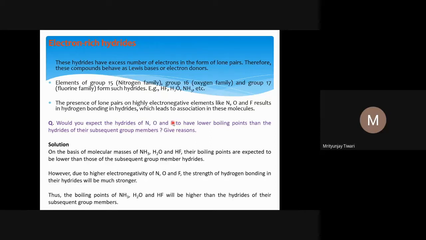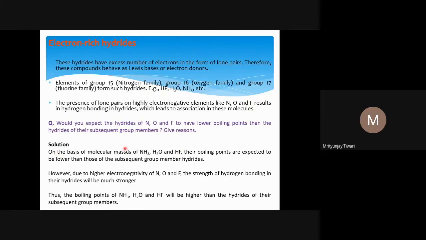If the association tendency is more, the melting and boiling points will be higher. When we go down the group, though the molar mass increases, which also increases the melting and boiling point, the hydrogen bonding, that extra association power, decreases. Because of that, the melting and boiling points of these compounds will be highest in their group.